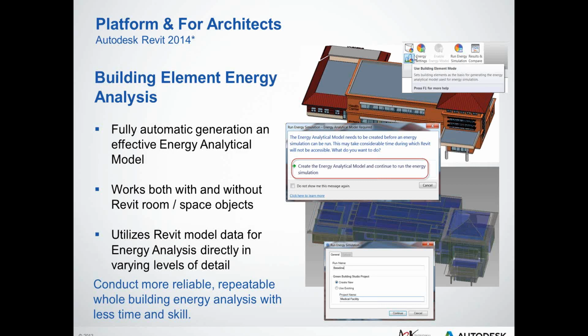So you can see up here in the little image up the top right-hand corner that we have a new button now that is to use the building element modes. And you don't even have to put room objects inside the spaces inside the building. Revit will also compensate for that as well. And we can now just simply use the modeled elements to do an energy simulation.